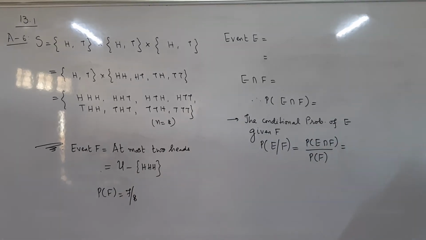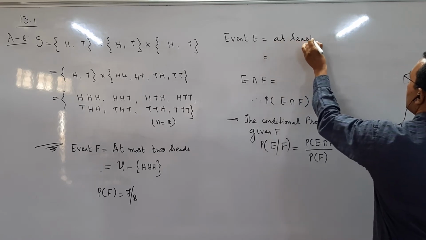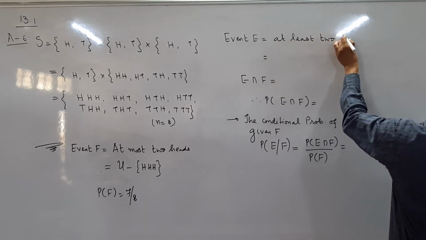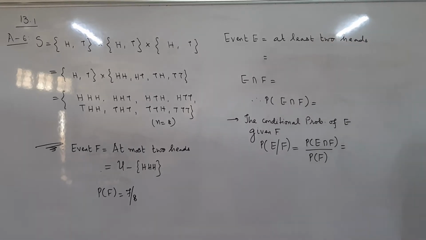What is event E? At least 2 heads. Event E, at least 2 heads. So here students, if it is at least 2 heads, we have to write all the outcomes with 2 or more heads. So here we have to write elements with 2 heads and elements with 3 heads.